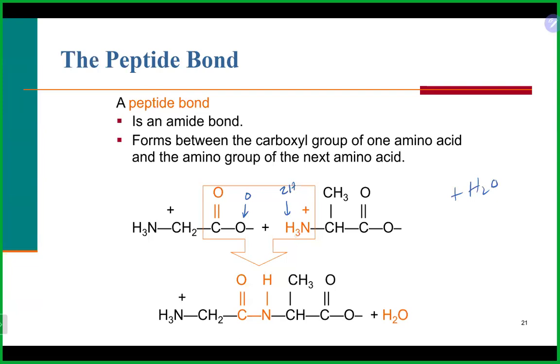When you do that, you're left with just one hydrogen there, no oxygen, and we put everybody together. That makes our amide bond from chapter 14: a carbon-oxygen double bond to our nitrogen with our hydrogen.